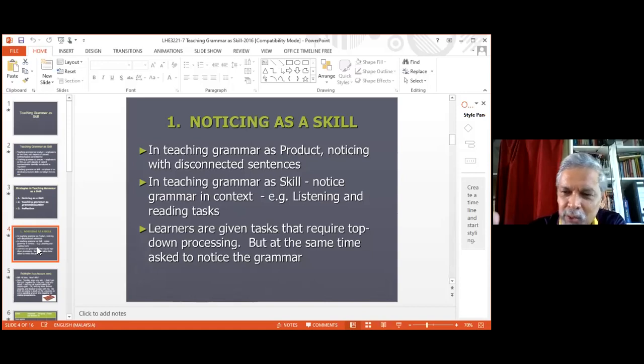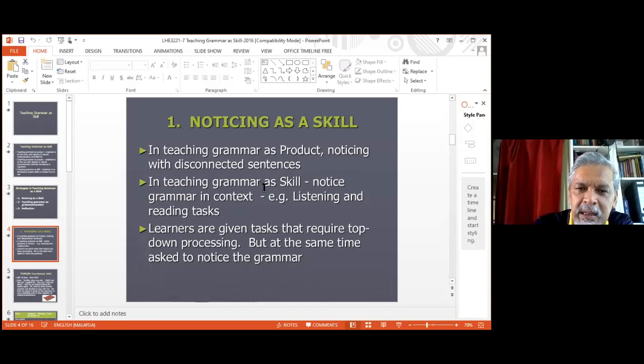We try to focus a little bit. We try to control the text because our intention is for them to notice the grammar points. Maybe we put the same structure many times in the text, and we control that. It makes the text maybe not so natural, but we're controlling it so that they can notice the forms.